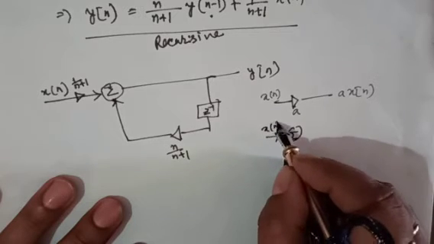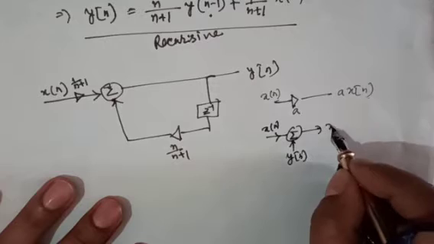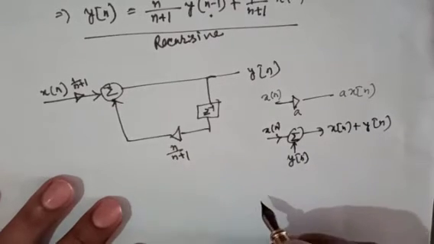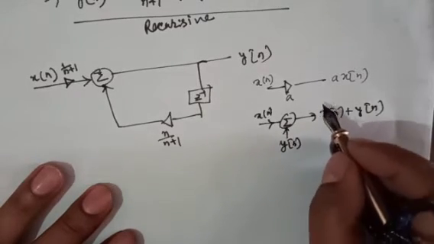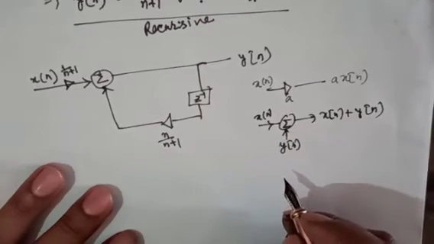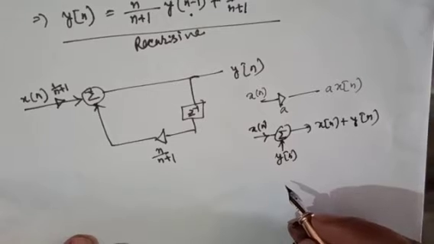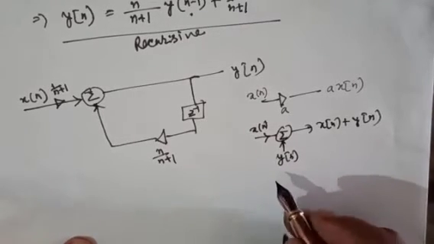Suppose this is your x of n and this is your y of n, the output will be x of n plus y of n. If there are more than 2, you do not put 3 inputs here, only 2 inputs, because the addition operation is performed once at a time. That means 2 data are added at a time.